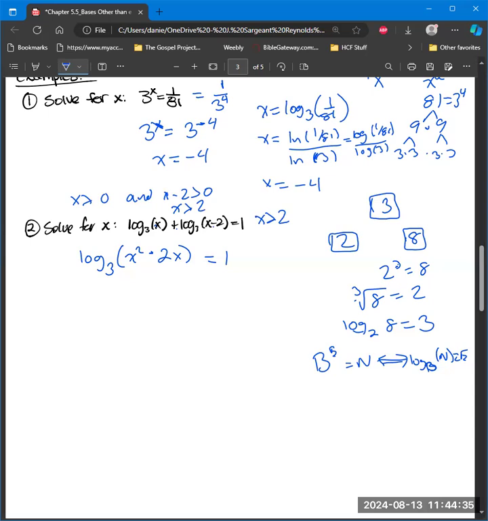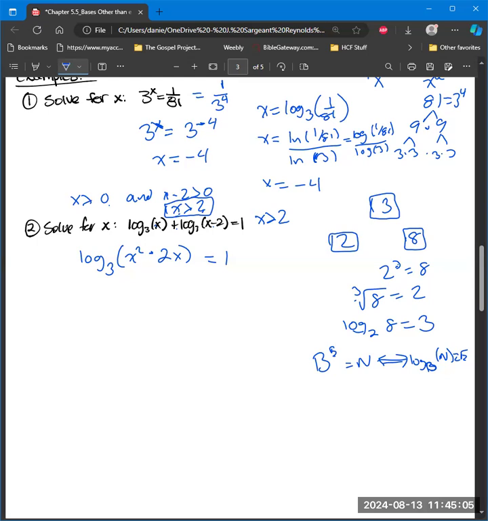Well, there are some numbers that are greater than 0 that are not greater than 2. So x greater than 2 is stronger, that if I pick something greater than 2, it'll also be greater than 0. That's my domain that I want to use to force both pieces here to exist so I can add them together. So I'm going to ignore any answers that I get for x being less than or equal to 2. They won't be in my solution set.